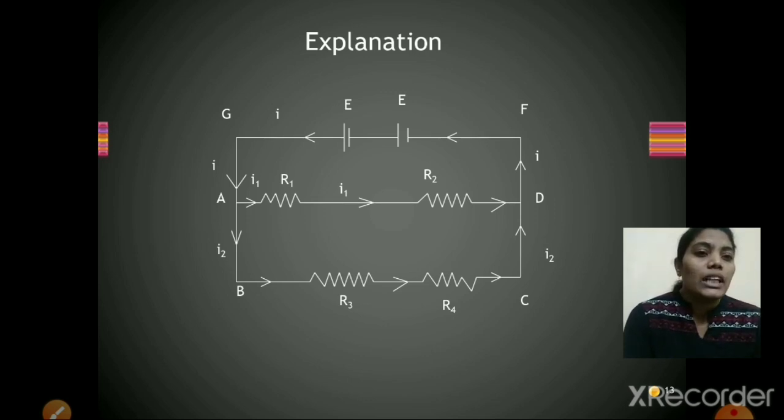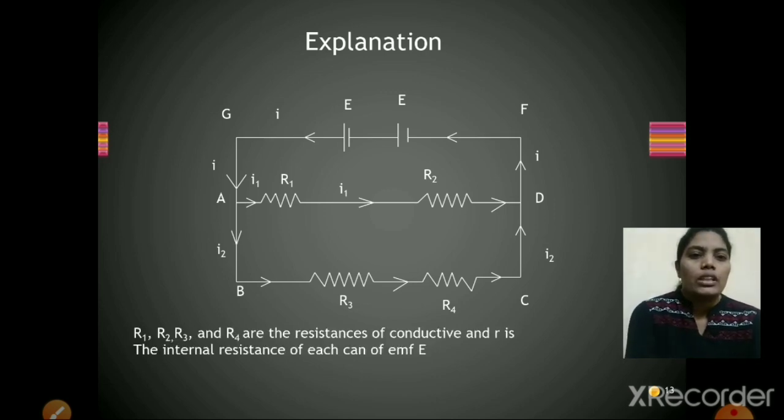I1 and I2 meet at D and form I, and they again move towards the battery. Now here R1, R2, R3 and R4 are the resistances, and small r is the internal resistance of each EMF. We can neglect it because we are considering that potential difference as E.